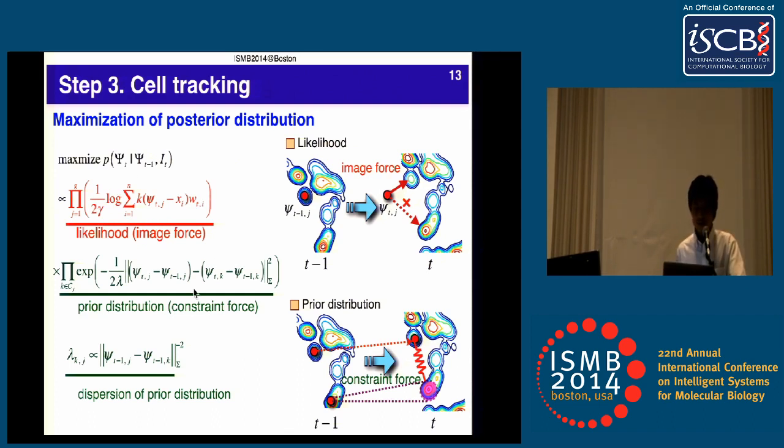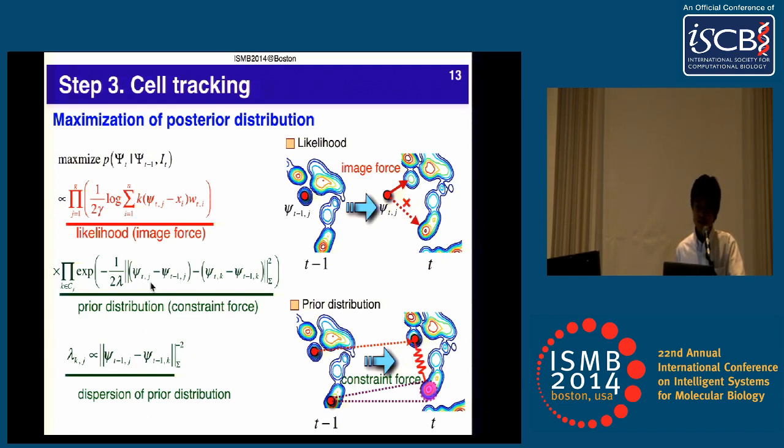And the prior distribution is here. The difference between the transition of J's tracker and the transition of K's tracker follows a Gaussian distribution. And its dispersion is inversely proportional to the sigma-scaled Mahalanobis distance between trackers at the previous frame.